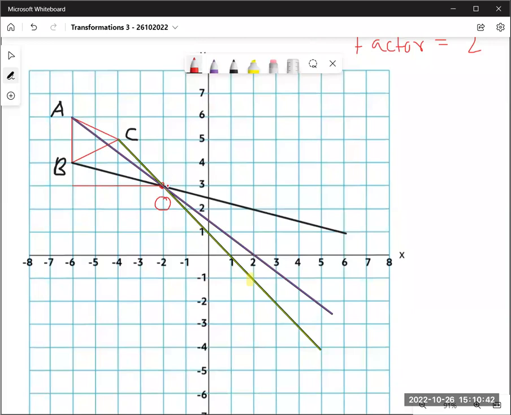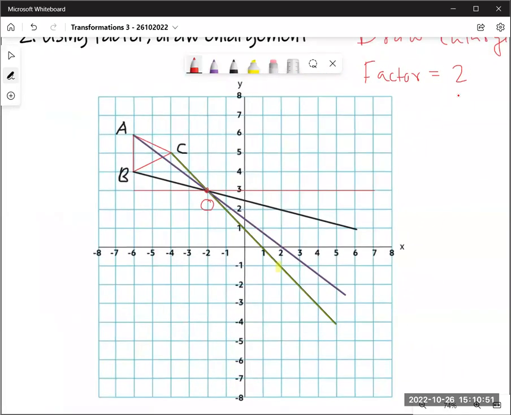So how many units will it be on the other side? 4. Now it's a factor of 2, right? So we multiply it by 2. 8. So that's 4 and that's 8 right there.